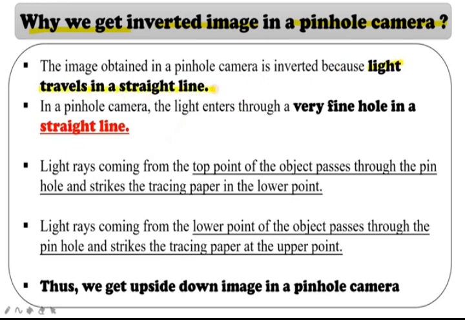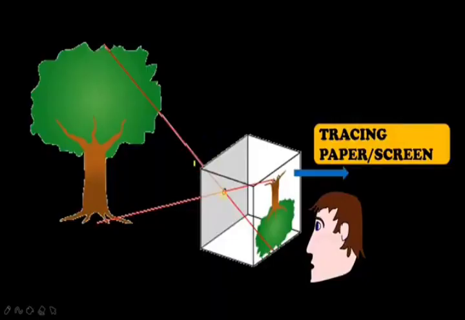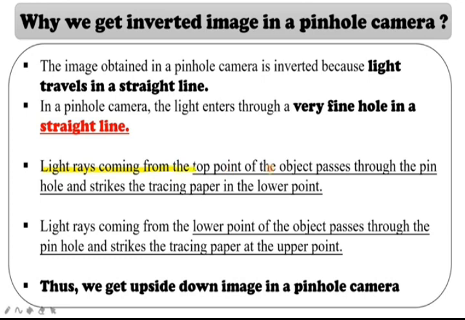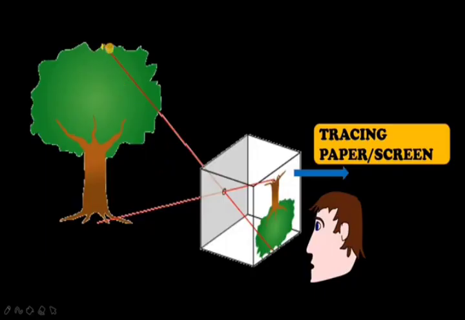In a pinhole camera, the light enters through a very fine hole in a straight line. It is a very small, very fine hole that acts as a medium to pass the light. Light rays coming from the top point of the object pass through the pinhole and strike the tracing paper at the lower edge.